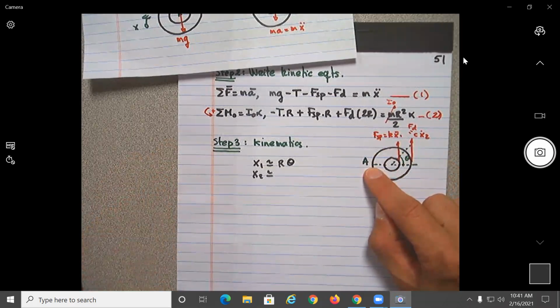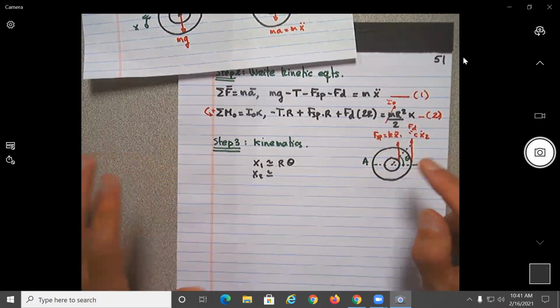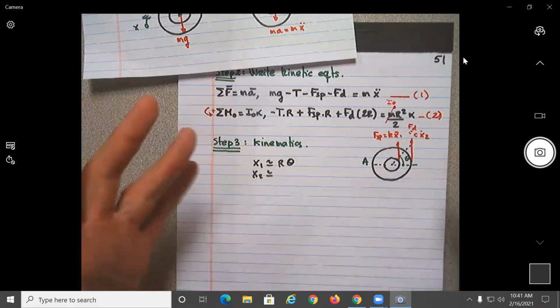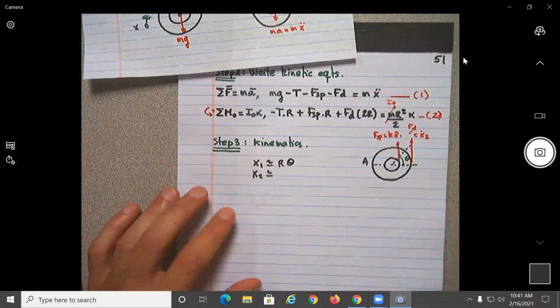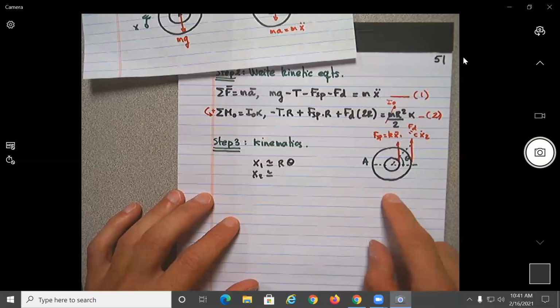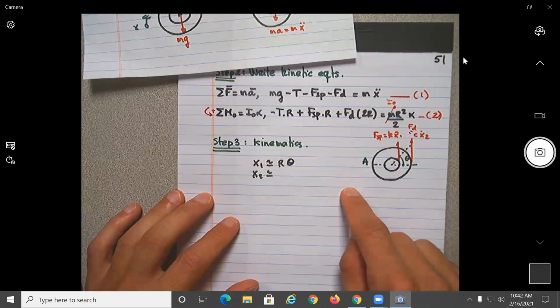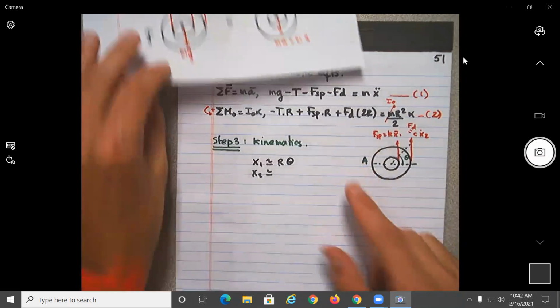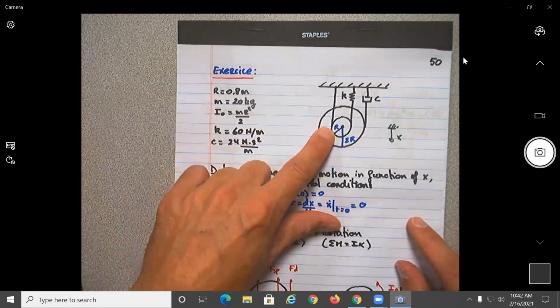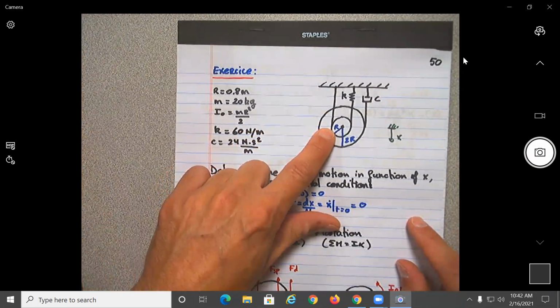I'm pretty sure you understand, but just imagine you have a football, okay? So when the football is rolling on the ground, it's not rotating from its center. It looks like it's rotating from its point of contact with the ground. Yeah? So here happens exactly the same thing. At this time, it would look like the pulley is rotating from this point.